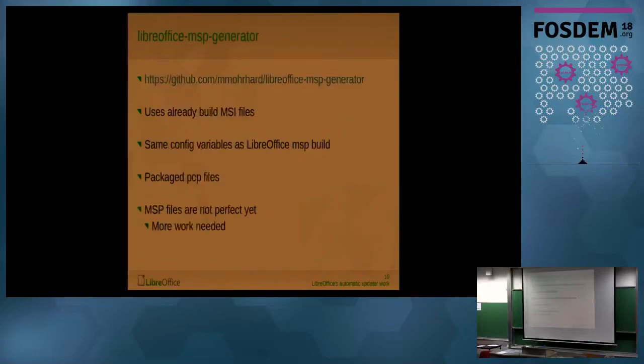It's basically extracting our Perl-based installer code for MSP generation, written in Python, and that takes now two MSI files, the PCP files that store some information about how the MSP file should look like. Takes some of the config stuff that we have in our build, but now explicitly as part of the command line, and then generates MSP files.